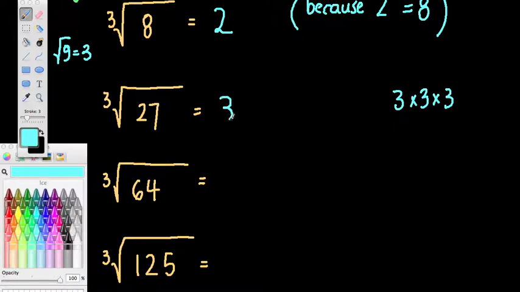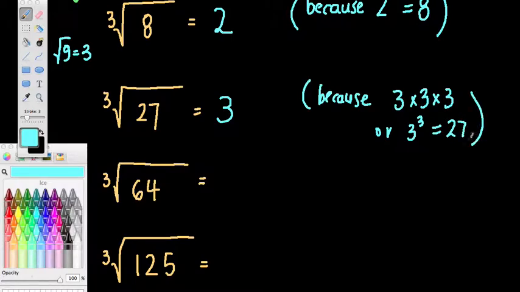So the cube root of 27 is 3. Because 3 times 3 times 3, or 3 cubed, is equal to 27. Again, we're working backwards. Given 27, what number can I take to the power of 3 that will give me that?